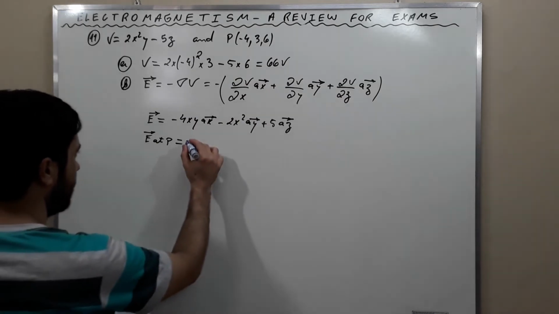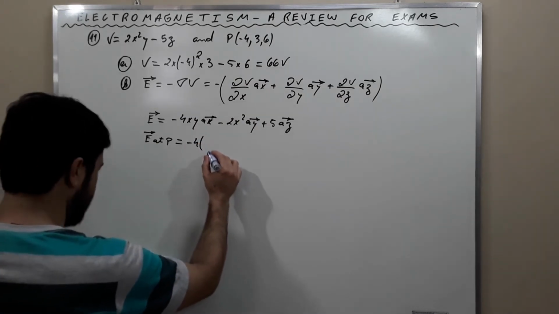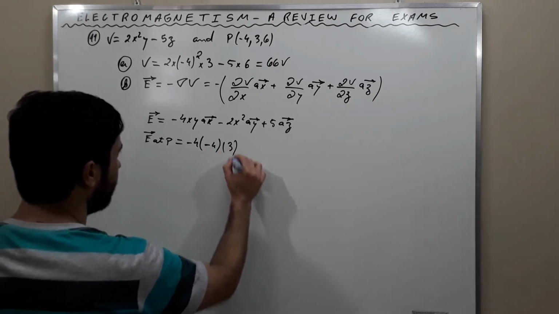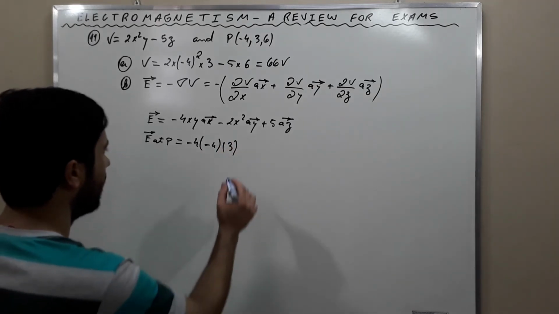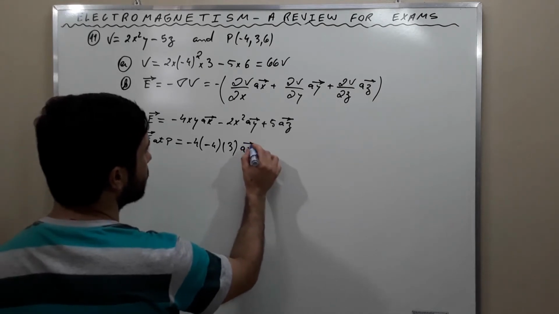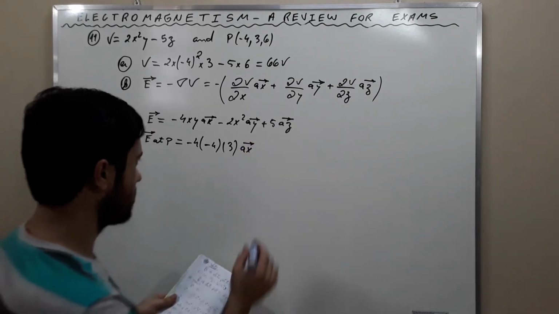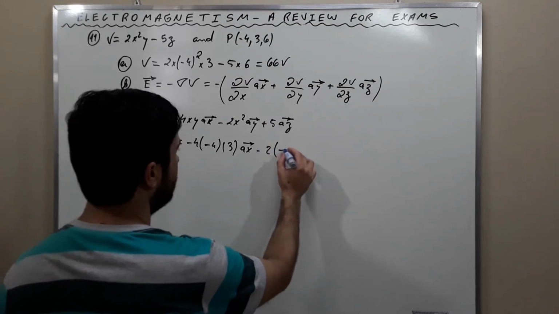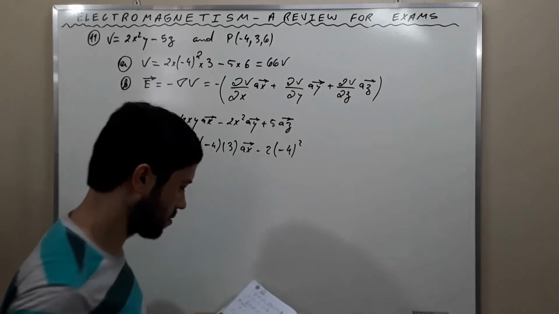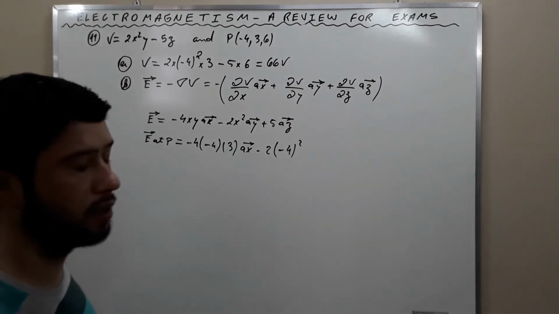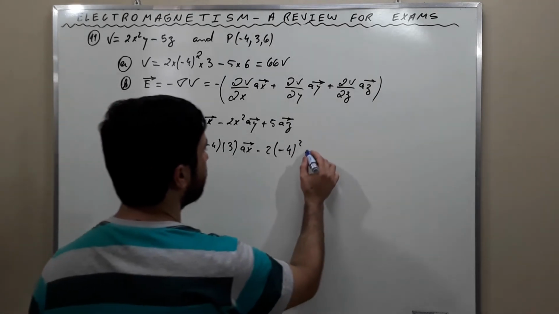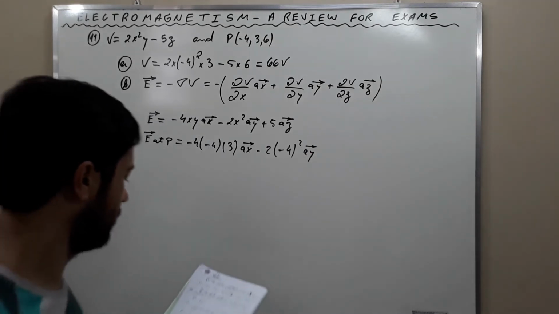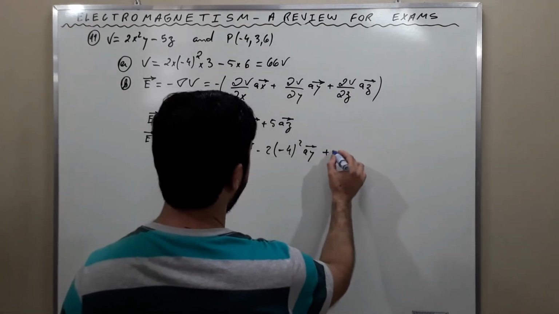So it is going to be negative 4 times 3 in the ax direction, minus 2 times negative 4 squared in the y direction, plus 5.